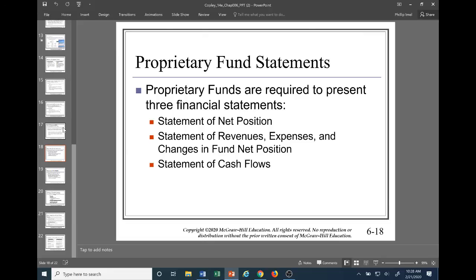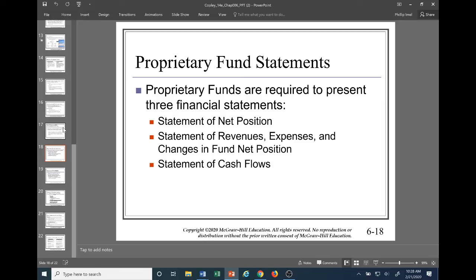Notice now expenses, not expenditures. So that's another way to remember that we're doing proprietary, because it's back to expenses. So statement of revenues, expenses, and changes in fund net position, right? So obviously, a good way to keep up with that name right there, changes in fund net position. Obviously, the operational activities are going to change fund net position with expenses and revenues, right? And then lastly, statement of cash flows.